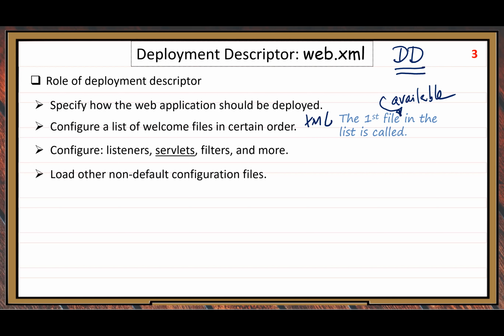All right. Load other non-default configuration file. Here, remember web.xml is the default configuration file. That means we do not need to tell the Java web server where to find web.xml.